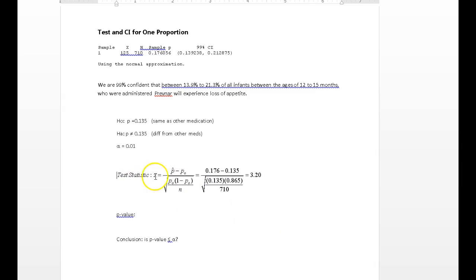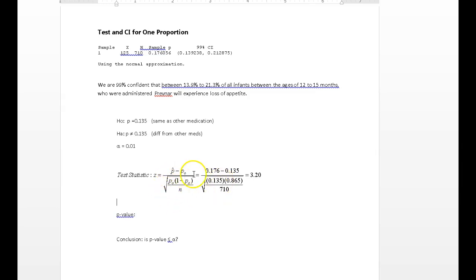So my test statistic z is equal to my sample proportion, which I worked out up above to be 0.176. I am comparing the sample to the proportion that's in my statement of hypothesis, 0.135. And be really careful here, because if you're not paying attention, you're going to get this screwed up.